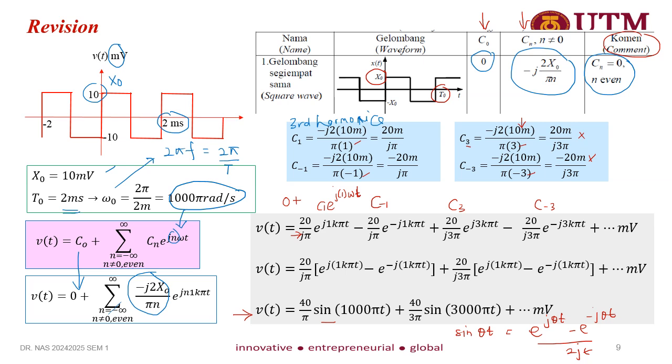To get the complex exponential into the trigonometric form, you need to use Euler's theorem. So you group the same coefficients, then this one is divided by 2, so multiply here by 2, so you get 40 over pi. And if you have 2j, it becomes a sine function. Same goes to when n equal to 3 and n minus 3.